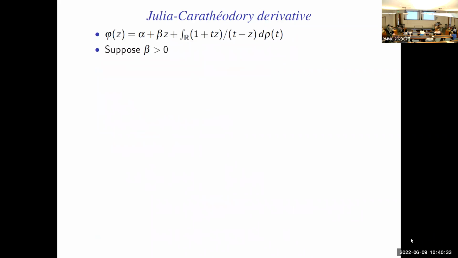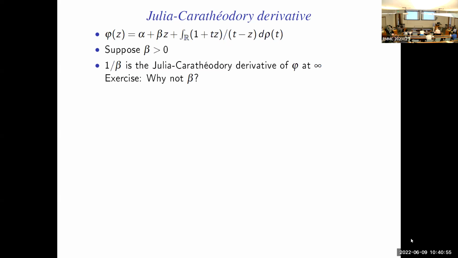Now a word about the Julia-Carathéodory derivative. So suppose that you have a function phi from the upper half plane to itself, which is written in that particular format. Beta is strictly positive. Actually, you don't even need to assume that beta is strictly positive, beta could be 0 also. 1 over beta then is called the Julia-Carathéodory derivative of phi at infinity.